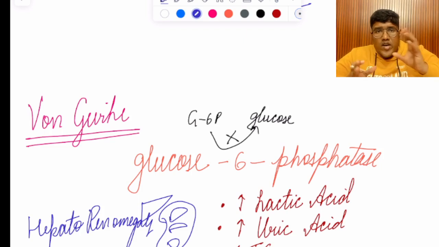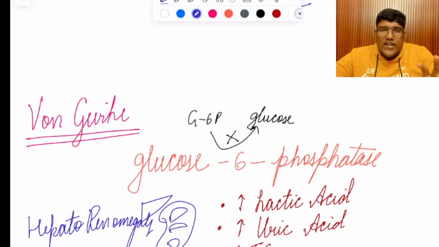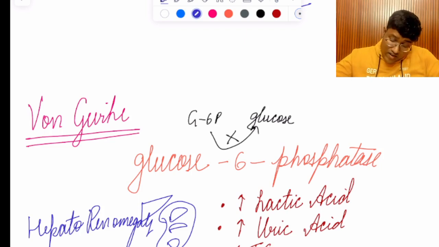Because glycogen cannot be broken to glucose, since up to glucose 6 phosphate you can break, it's going to get accumulated at the storage organs, that is the liver. So ultimately it's going to get accumulated at all these places, and cause swelling of these organs. That is all you have to remember. So glucose 6 phosphatase deficiency is going to cause increased lactic acid, increased uric acid, increased triglycerides, and hepatorenal.